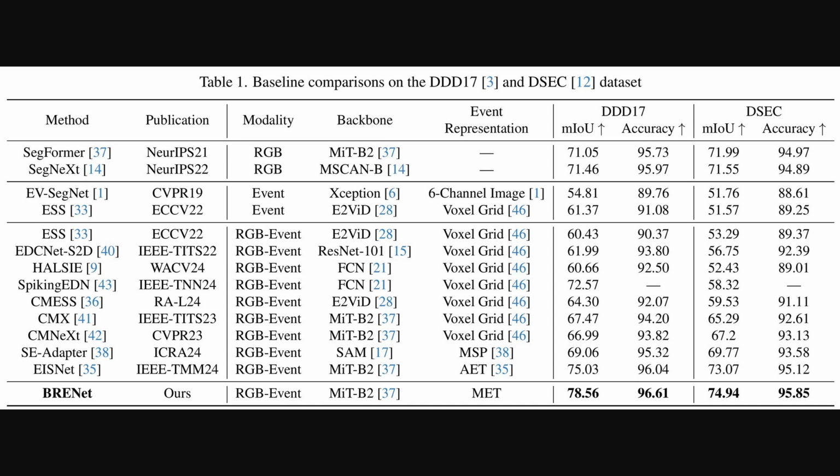Crucially, BRENet achieves the highest scores on both datasets. For instance, 78.56 mean intersection over union on DDD17, significantly outperforming the previous best. This really underscores the effectiveness of their proposed components in improving semantic segmentation.